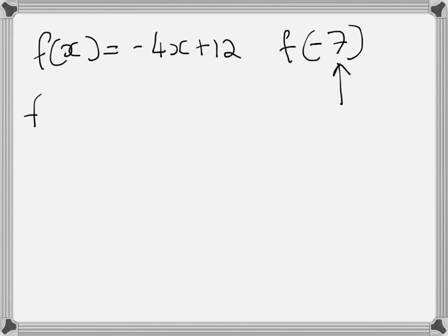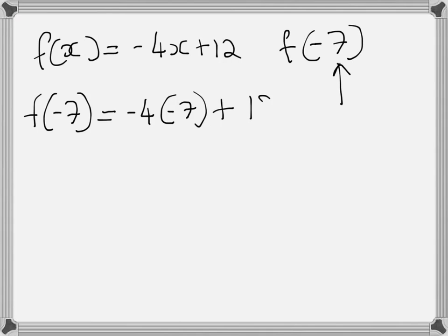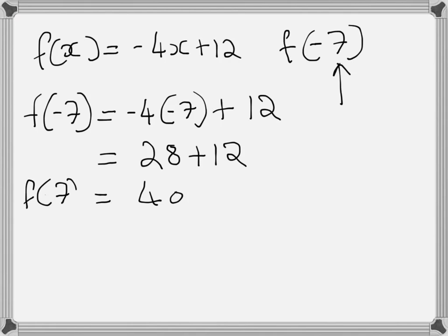So f of negative 7 is equal to, instead of x, you'll plug in negative 7. So negative 4 times negative 7, because x is negative 7, plus 12. Simplify. Negative 4 times negative 7, 28, plus 12. And that is going to be 40. So f of negative 7 is equal to 40.